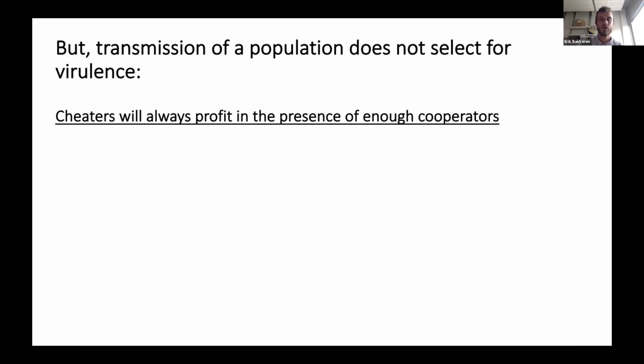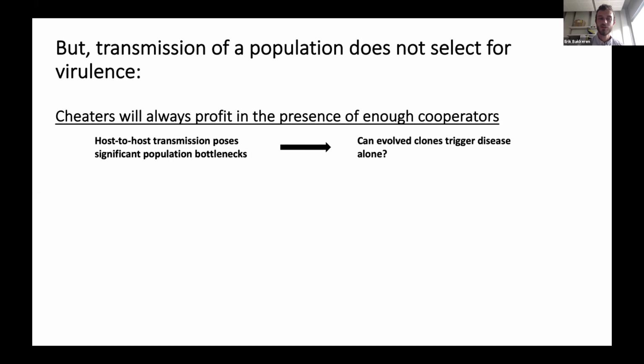But if you think of how transmission works in more realistic cases, I would bet that in most cases you don't transmit an entire fecal pellet into an antibiotic pre-treated animal. So there would arguably be larger host-to-host transmission population bottlenecks.